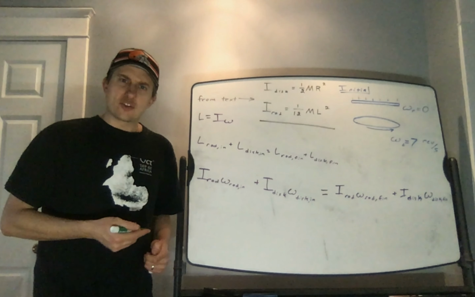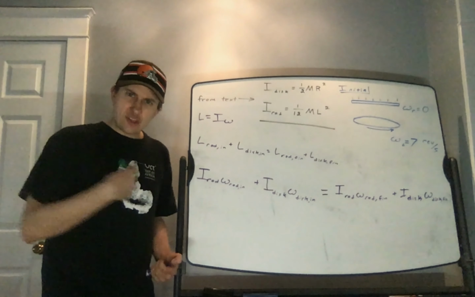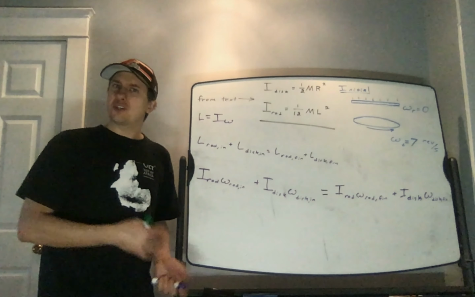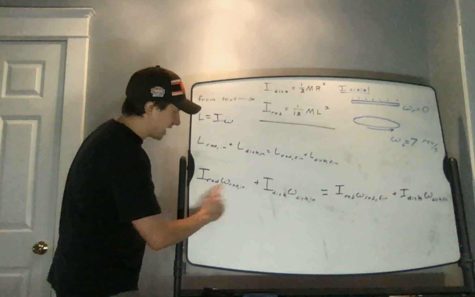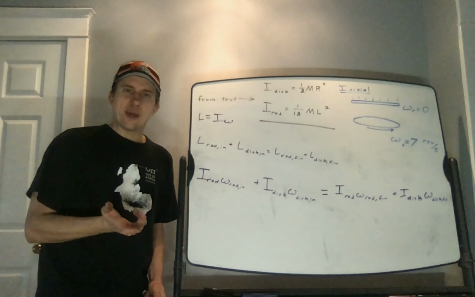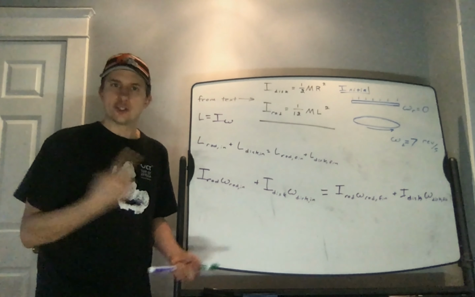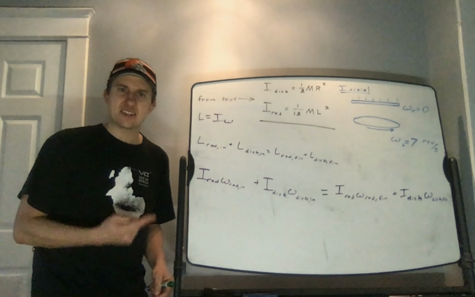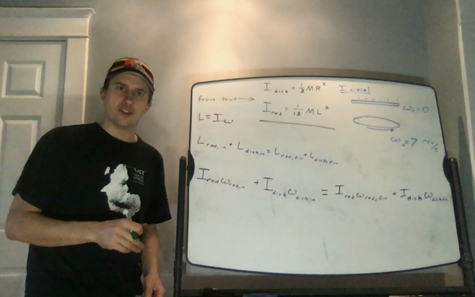Before I go on and start solving this equation, let's look at what we really have here. We have a lot written on the board, but most of it is subscripts. I do want to differentiate between the rod and the disc and initial and final. But angular momentum only depends on two factors: the moment of inertia, which is the rotational analog to mass, and the angular velocity, which is the rotational analog to velocity.